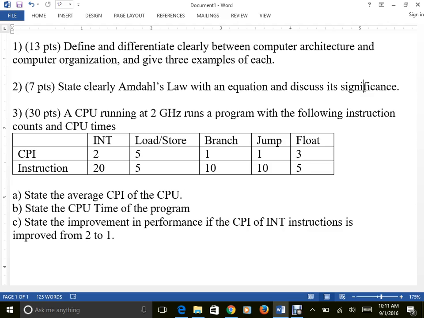Affected. There you go. Very good. Exactly right. That's a perfect score.